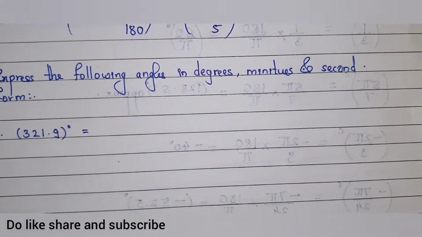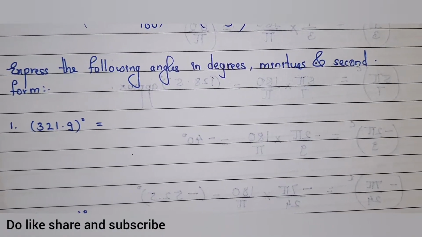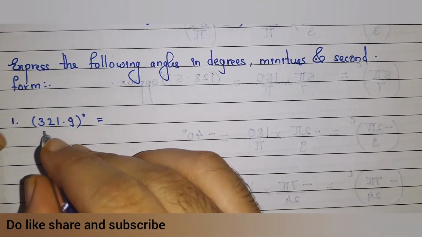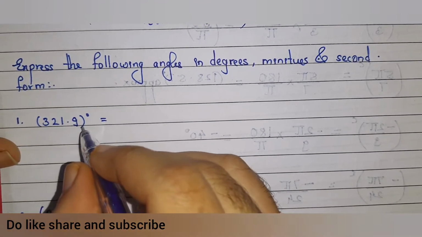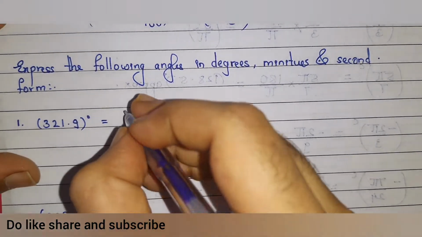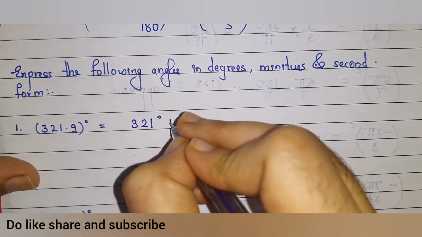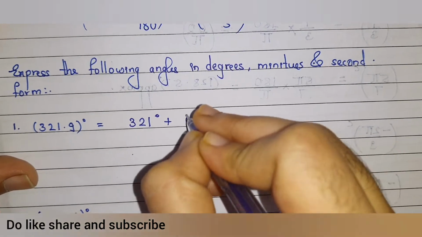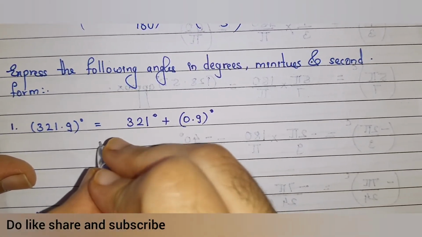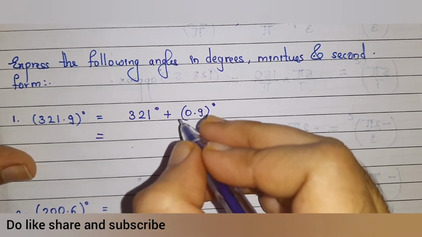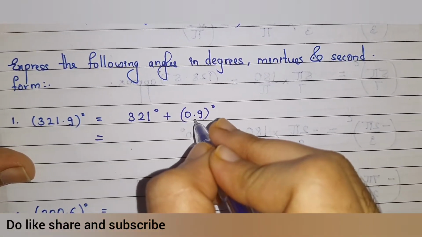Now our next question is: express the angles in degree, minutes and second form. We have the first question, 321.9 degrees. We have to split this first: 321 degrees plus 0.9 degrees. We have to convert this 0.9 degrees into minutes as it is in point.